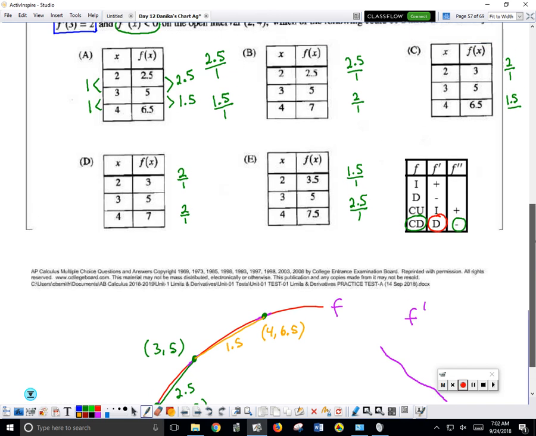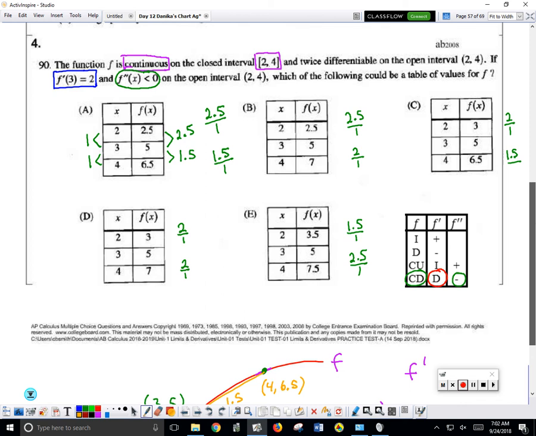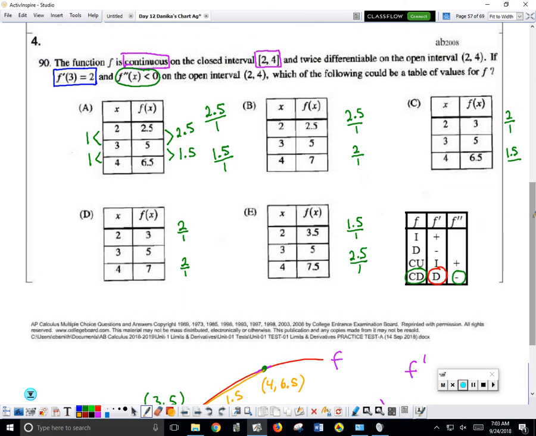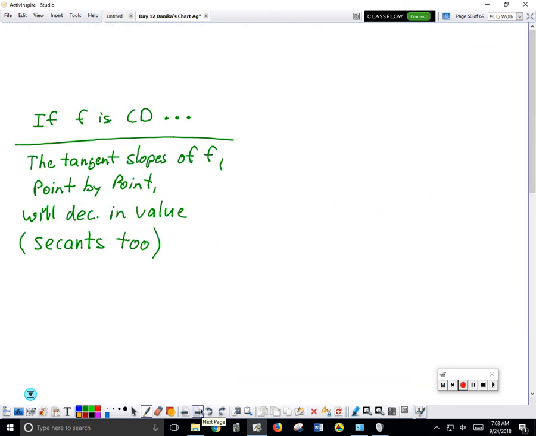So now what do we do? Since the secant slopes aren't increasing, it wouldn't be positive down. Perfect. No, it's exactly what you're supposed to be able to recognize. It's the whole idea of the flashcards again, that when you recall Danica's chart, you remember the flashcard that says, hey, curve is concave down, so the secant slopes of f, point by point, have to decrease.